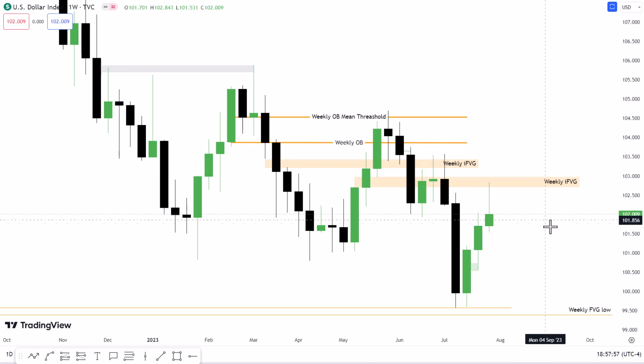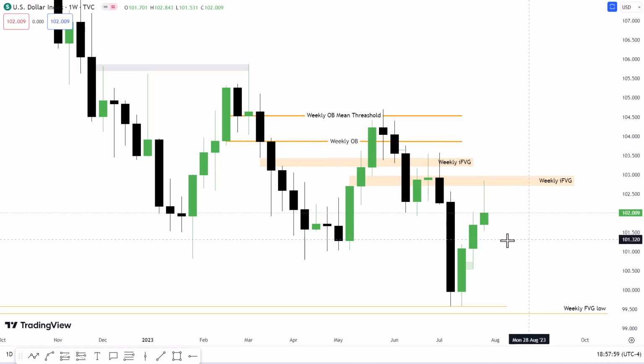right there. For the past week, we saw the dollar moving to the upside. Like we say, this is the last week's candle. Now this coming week, I am expecting some level of drop on the US dollar. Why? Here's the reason why.